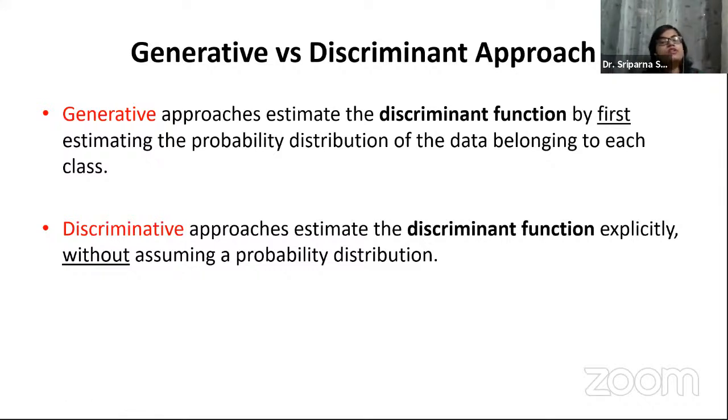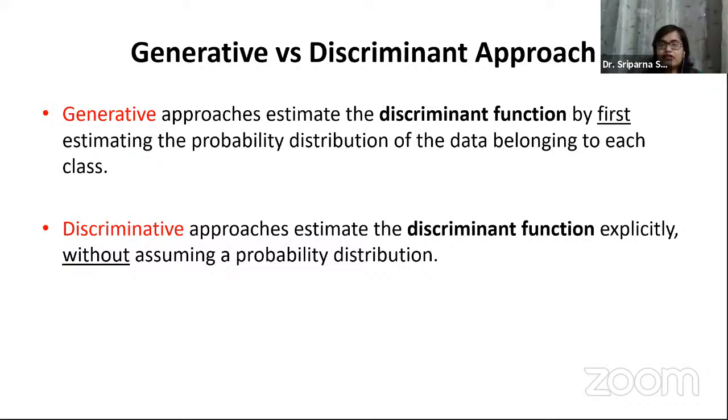There are two different approaches: one is generative, another is discriminant. The generative approach takes into account the probability distribution of data. But the discriminative approach is done without assuming the probability distribution of the data.